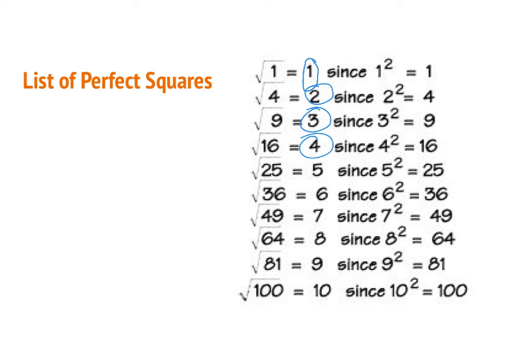Any number in between the 1, 4, 9, 16, etc. would not give me whole numbers. It would give me decimals, and I would need to simplify those. We can remember this list. These numbers come up pretty often, so you might as well just recall. The way we get these numbers is by taking 1, 2, 3, 4, 5, 6, 7, etc., going all the way down and squaring them.